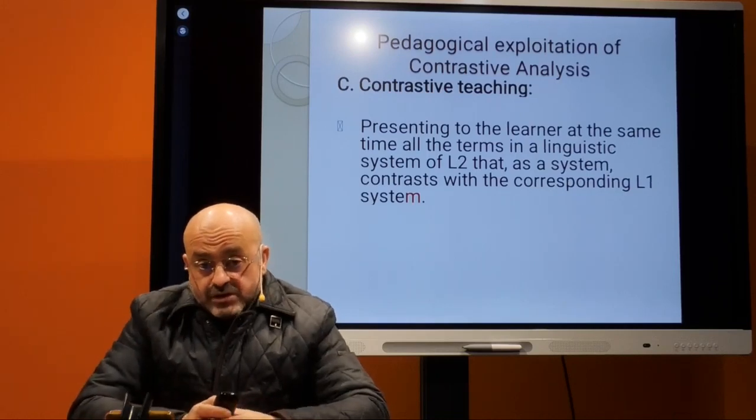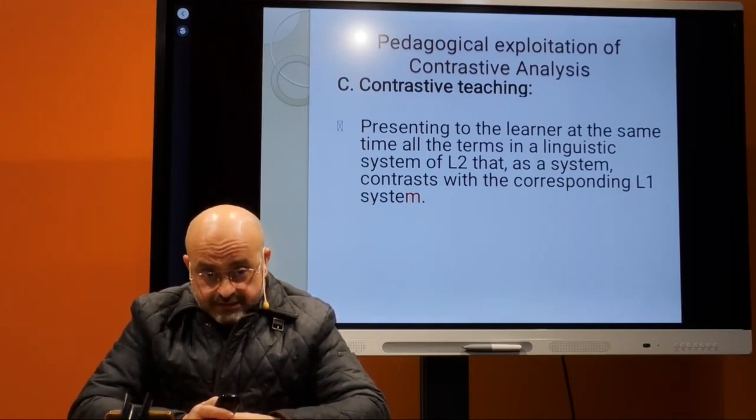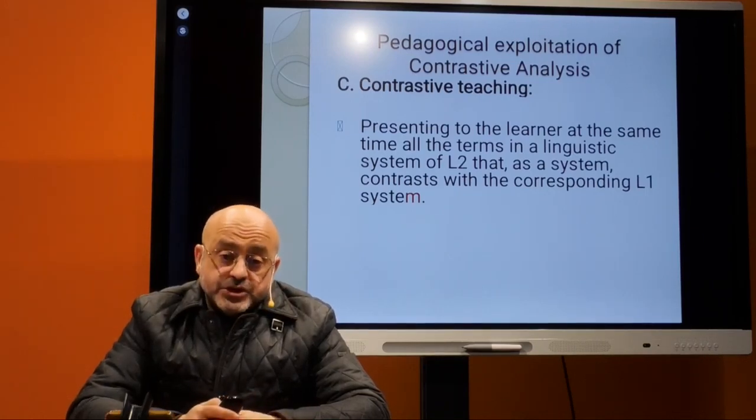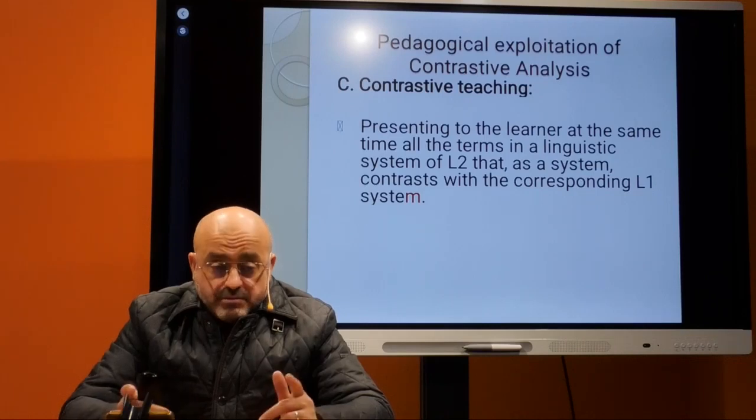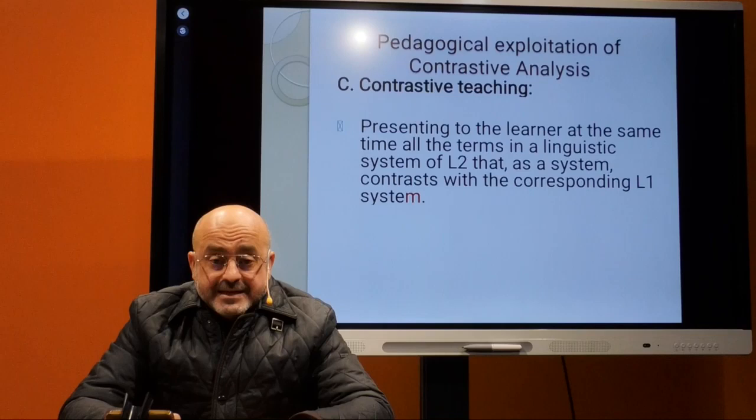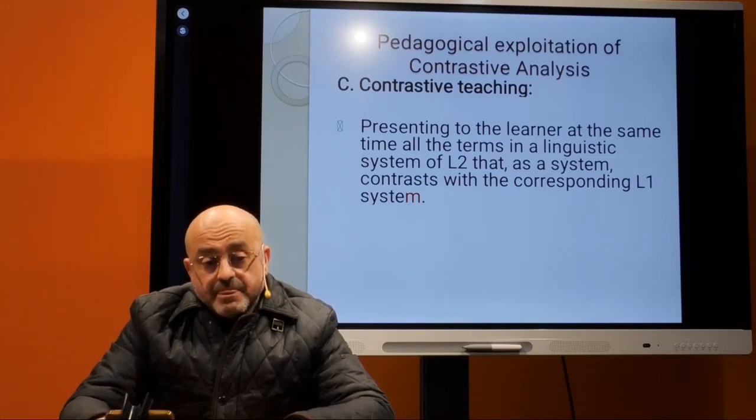As a pedagogical exploitation, we can talk about contrastive teaching. So here the role of the teacher in contrastive teaching is to present to the learner all, between inverted commas, terms in the linguistic system of L2 that contrast with L1.